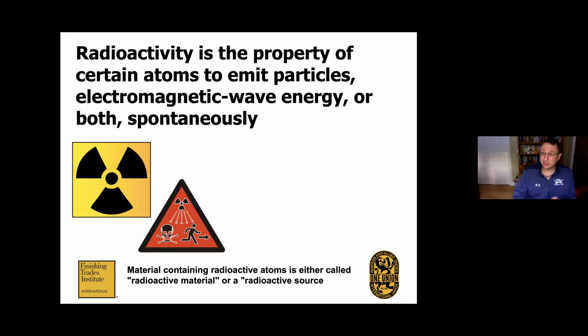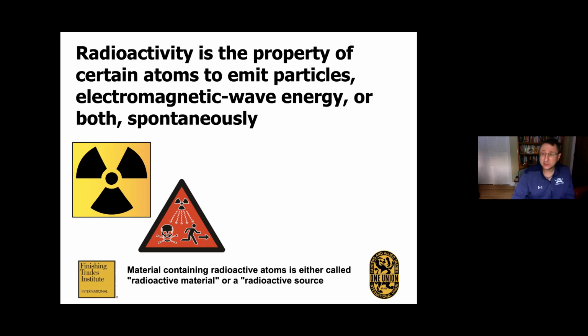If you work on a Department of Energy site, at a university, hospital, or research facility, likely you're going to find radiological sources there. If you work in the shipbuilding industry, you're likely to find radiation sources there. The Department of Defense, same thing.